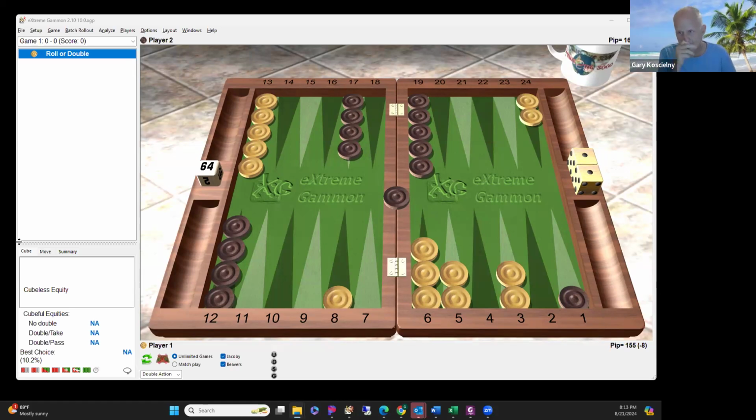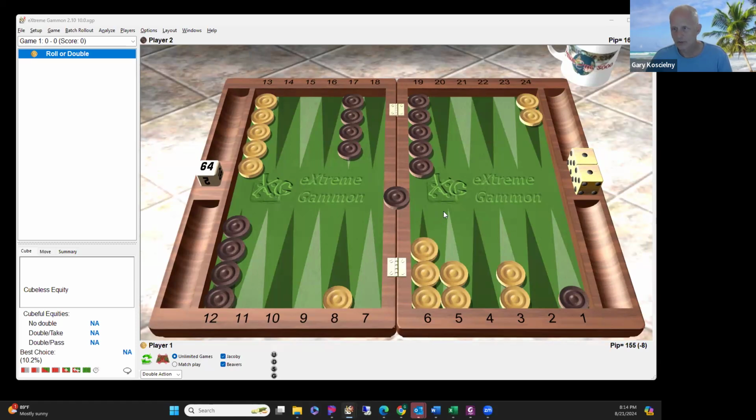So we have threats because black is on the bar, but our threats are somewhat diminished because we only have 8 checkers in the zone. So let's go on to the next part.